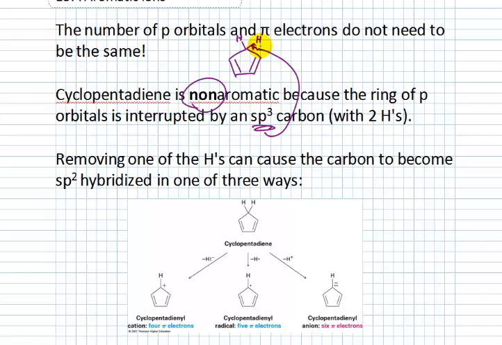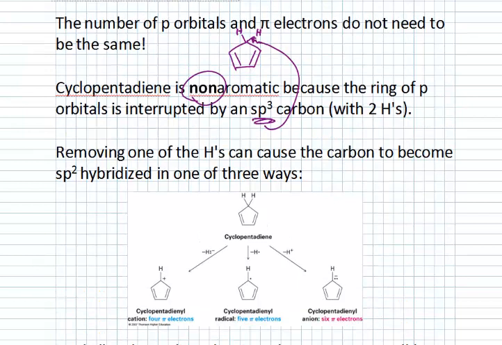But if I remove one of those hydrogens, I can rehybridize that carbon, and that can happen in one of 3 ways. If I take a hydrogen and its electrons away, so if I remove a hydride, I get a cation. So I get a plus charge along that 5-membered ring. If I take an H away along with one of its electrons, I get a radical.